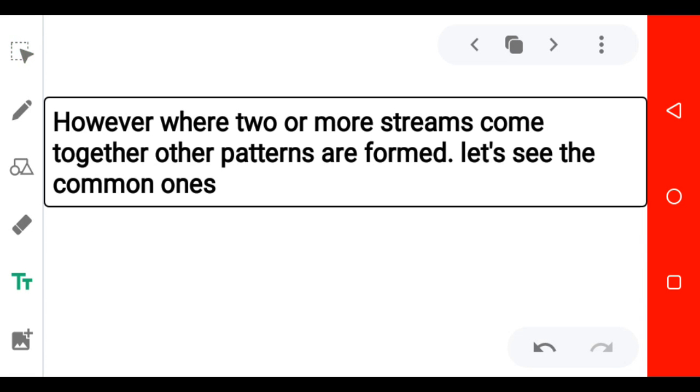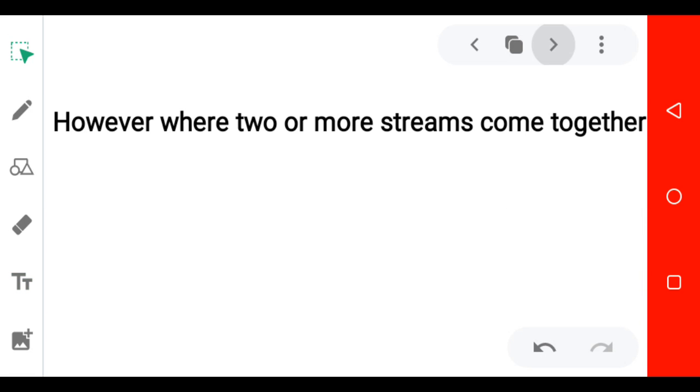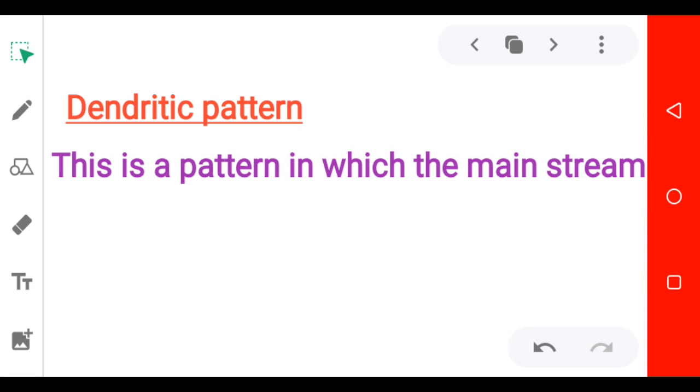However, where two or more streams come together, other patterns are formed. Let's see the common ones. That's what we call the dendritic pattern.